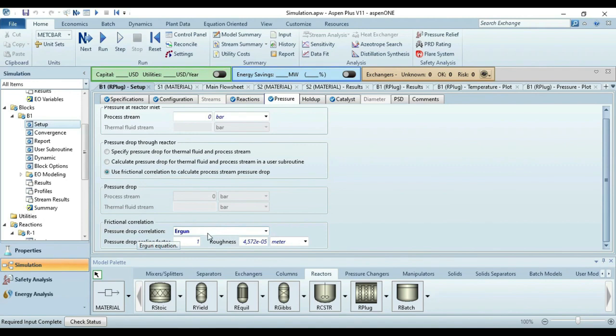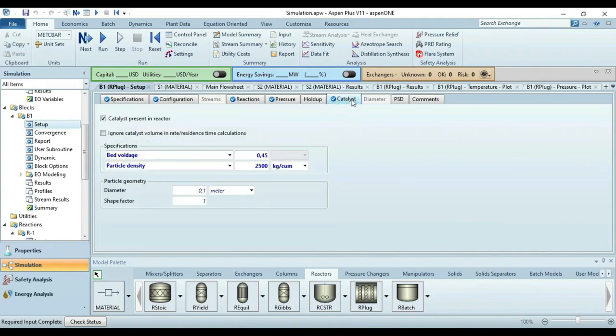Let's do the configuration next of what we need. Let me check here for the catalyst. Let's configure the presence of a catalyst in the reactor. Selecting it here, let's configure the bed voidage to 0.45 and the particle density of 2,500 kilograms per cubic meter, because with that it can calculate the real volume available for reactants in the reactor.